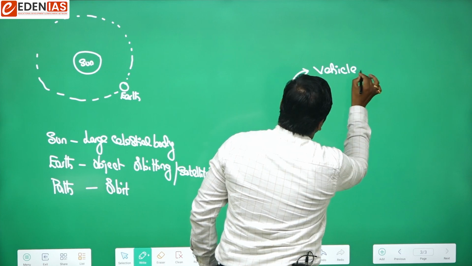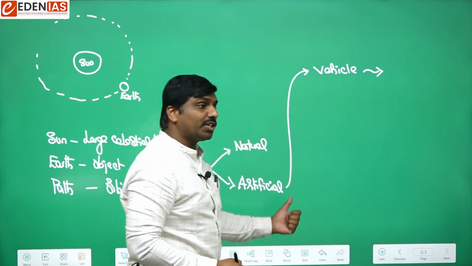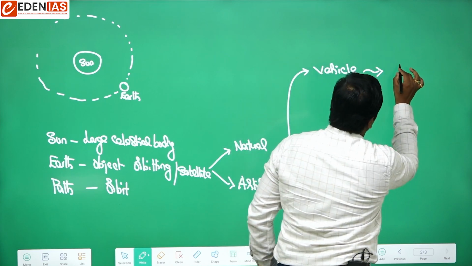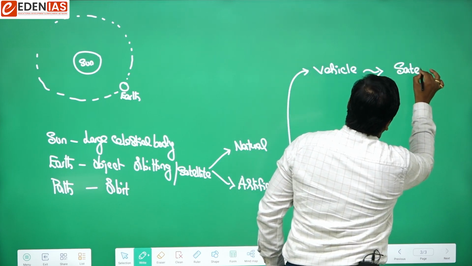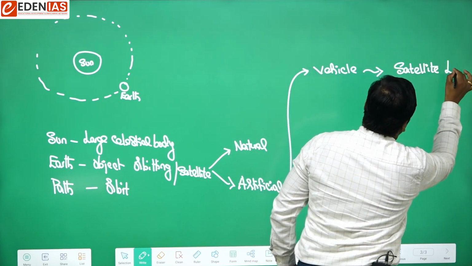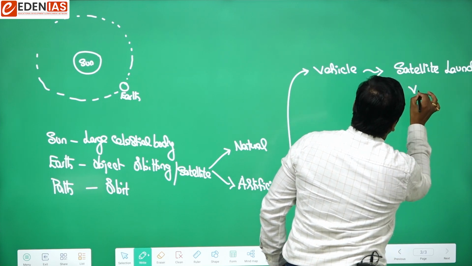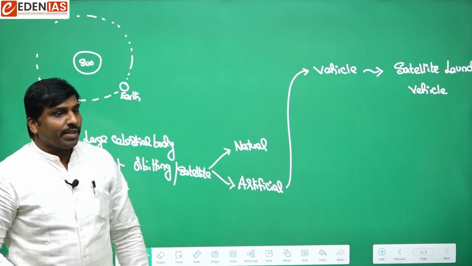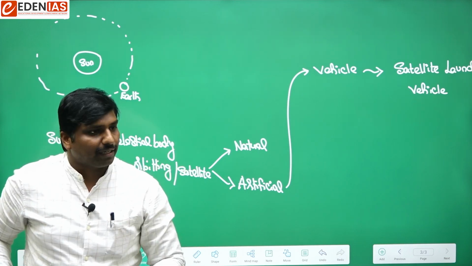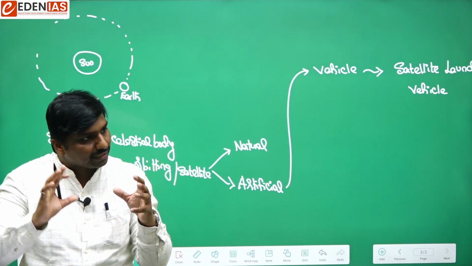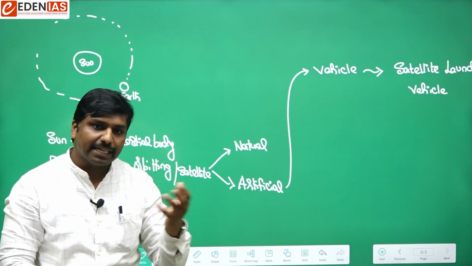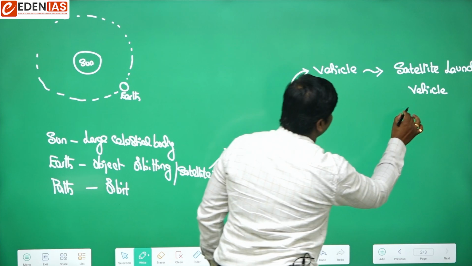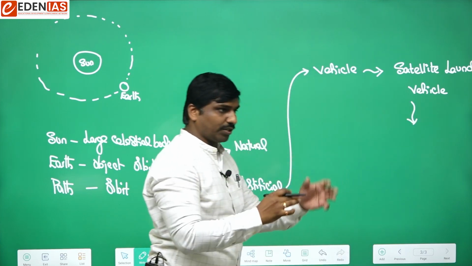The vehicle that carries artificial satellites from Earth's surface to outer space is nothing but the satellite launch vehicle. When there is a vehicle that carries this, there would be some mechanism associated with it, so every launch vehicle will have a certain structure and mechanism.